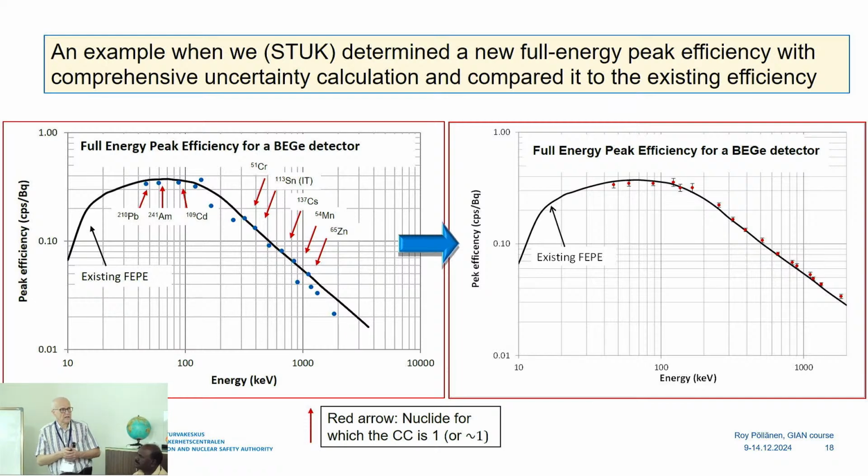But if I take into account coincidence correction, then they are located here. So this is the fitting of these measured efficiency points. This is our old curve, which is quite good also. You can see also here the uncertainties of each point.